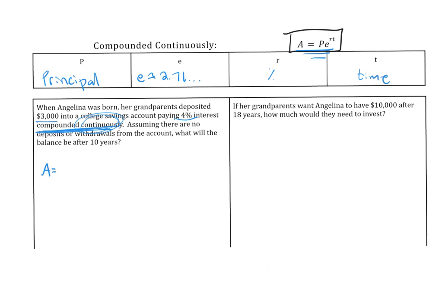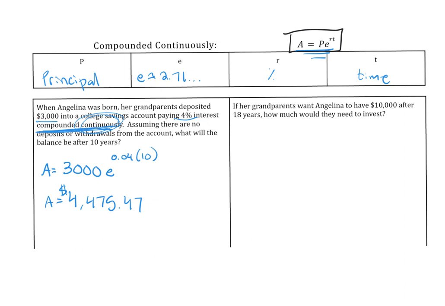So principal, 3,000, and then e to the power of 0.04 times 10. Punch it in your calculator. And you will get that at the end of 10 years, you have $4,475.47.